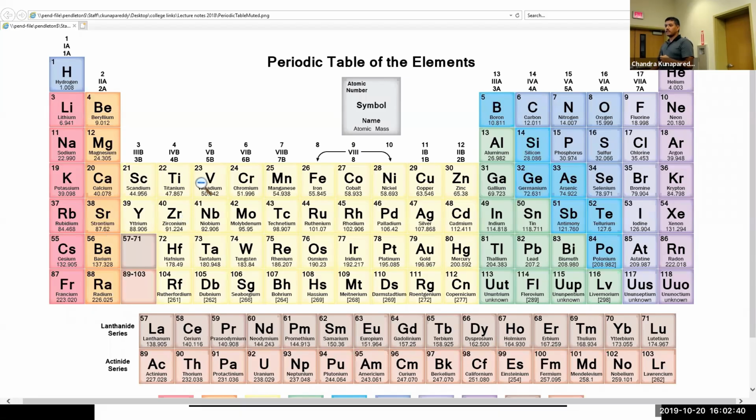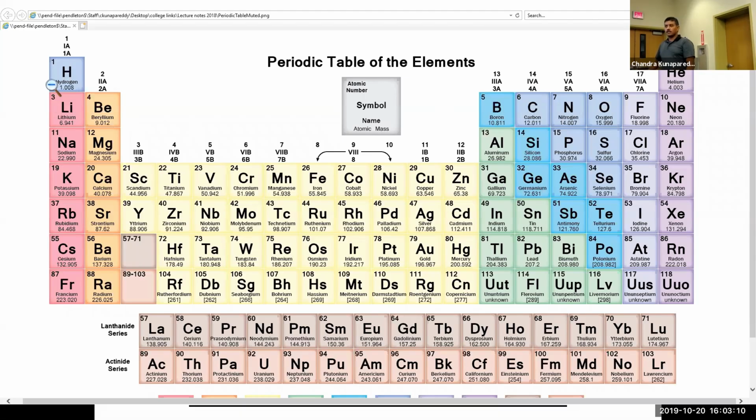Here you can see that hydrogen has 1 proton, but helium has 2 protons. Lithium has 3 protons, beryllium has 4, boron has 5, carbon has 6, nitrogen has 7. The trend is that from left to right, the atomic number increases by 1, because each element has 1 more proton. So there is a trend in the periodic table from left to right.